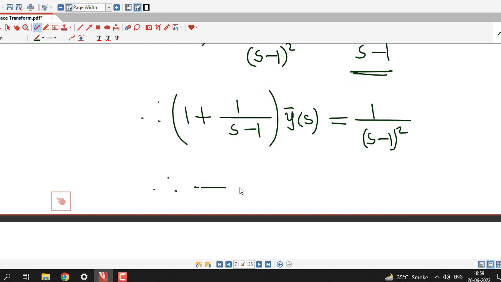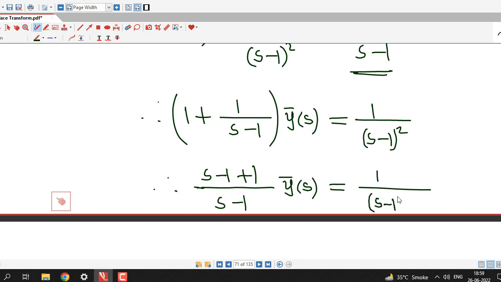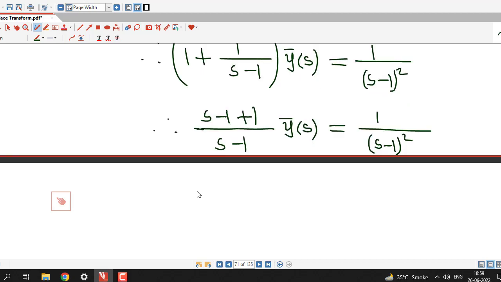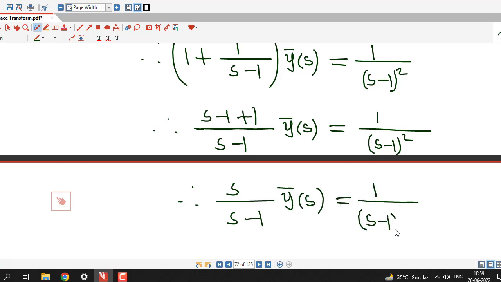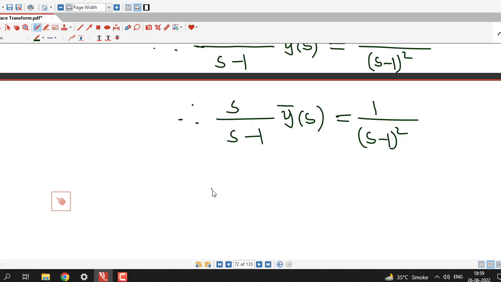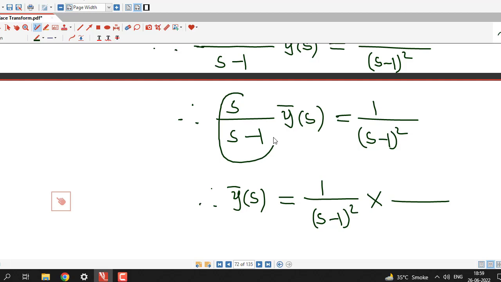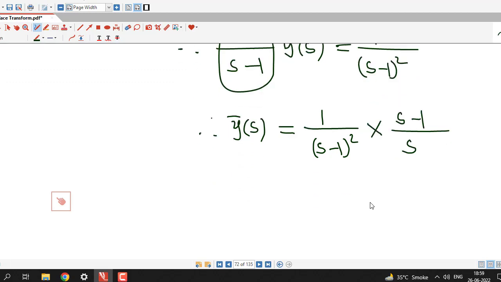Now we simplify this. We take (s minus 1) as the LCM, and here we have (s minus 1 plus 1) y bar s equal to 1 divided by (s minus 1) squared. Therefore, s divided by (s minus 1) times y bar s equals 1 divided by (s minus 1) squared, and therefore y bar s is 1 divided by the square of (s minus 1) into this quantity's reciprocal, (s minus 1) divided by s.